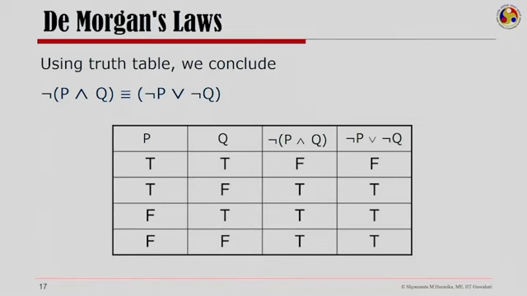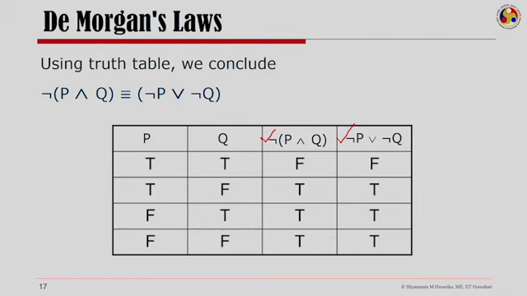The first of the De Morgan laws states that the negation of the conjunction of P and Q is equivalent to not P or not Q. So, I have here not (P and Q), and for every legal value possible for P and Q, I have here not P or not Q.